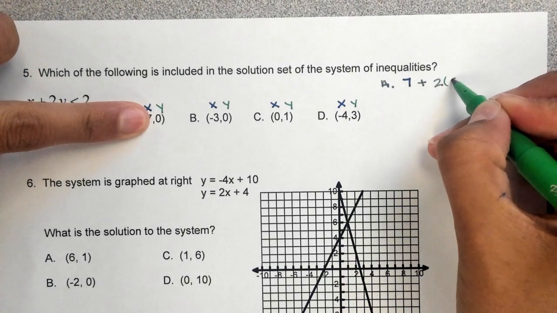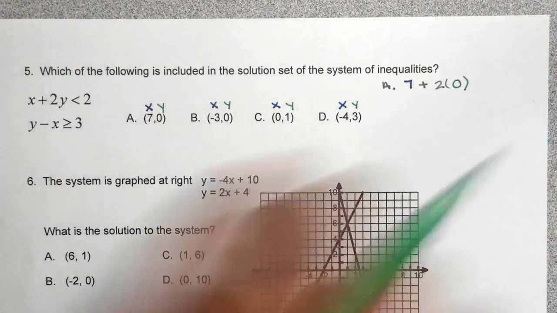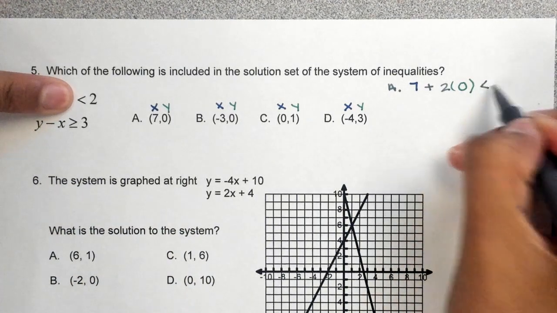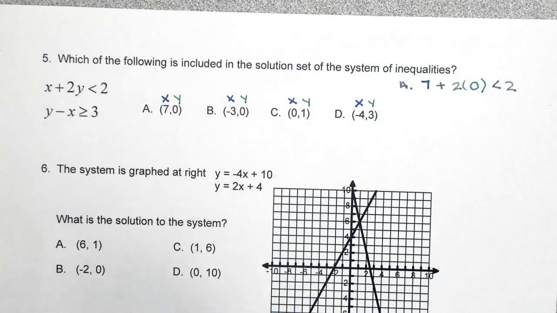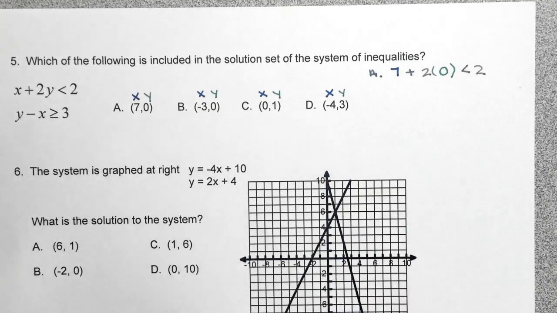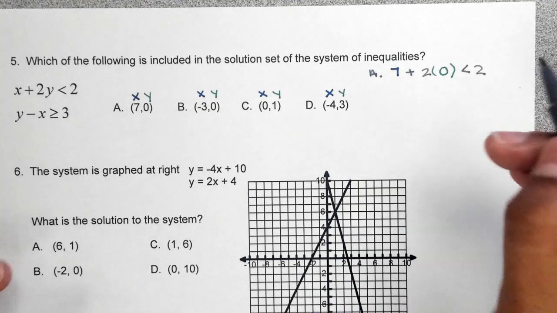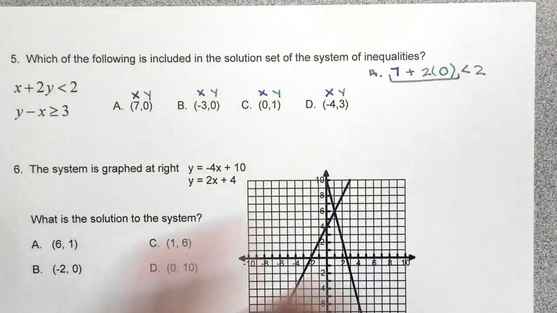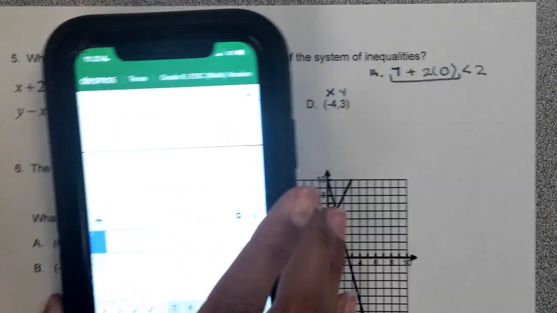So I'm going to put parentheses 0 here, and then finish writing the inequality is less than 2. So what I'm going to do is plug this part into Desmos to help me do the math and see if it is less than 2.